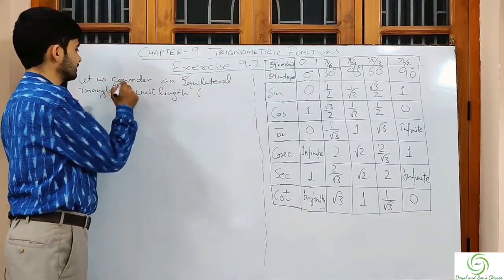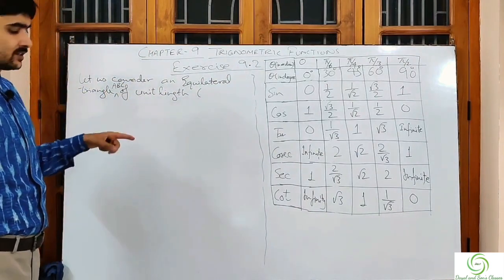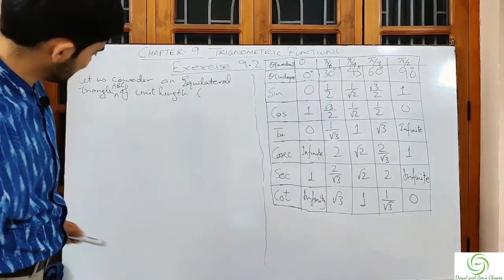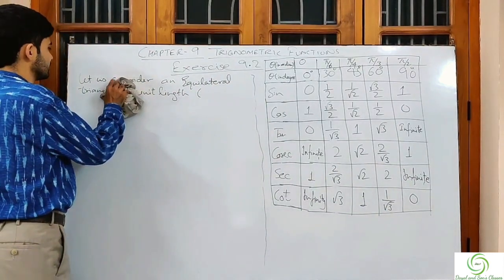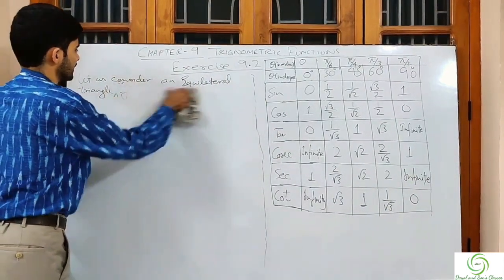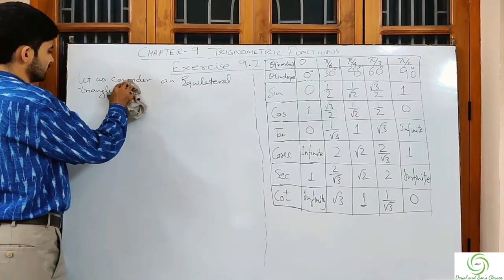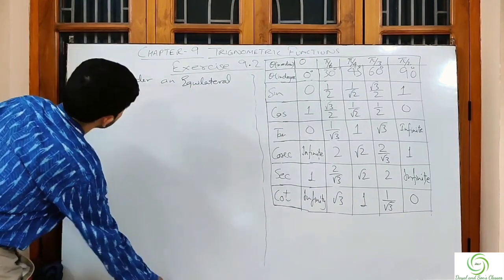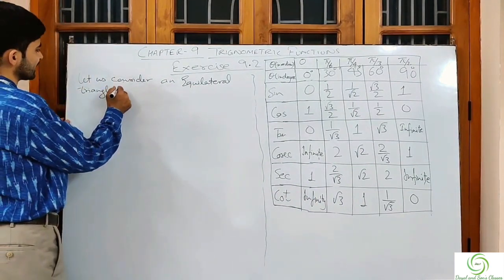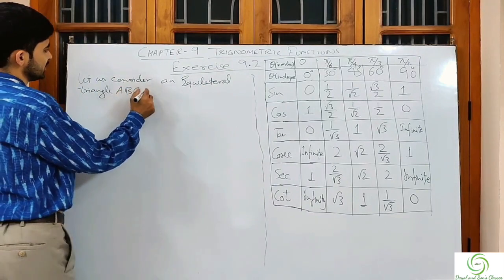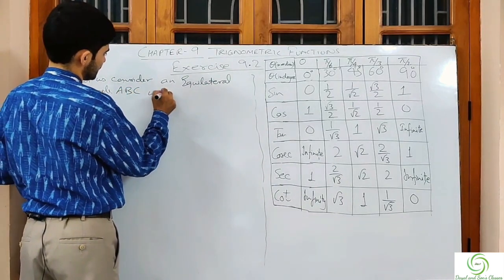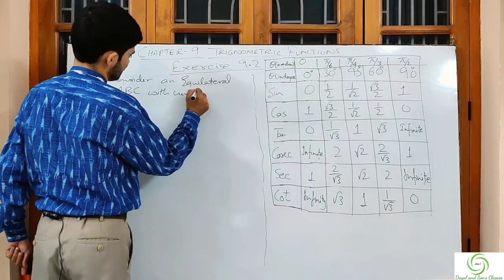Let me write it clearly, then it will be simpler to comprehend. Now, let us consider equilateral triangle ABC with unit length.